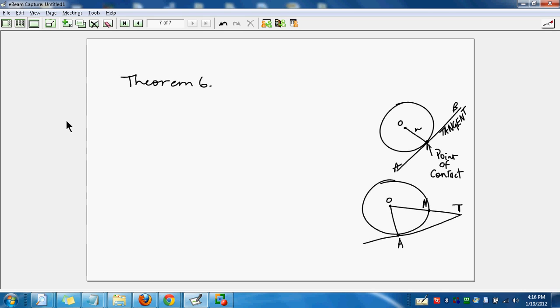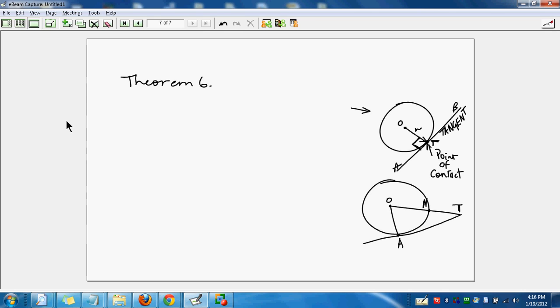So, if we observe this diagram here, OT is the radius drawn from the center of the circle to the point of contact with the tangent AB. And what it says is that the angle between that line, O to this point here, T, and the tangent at that point of contact or point of tangency, that angle there will be 90 degrees, right? It will be 90 degrees at that point.